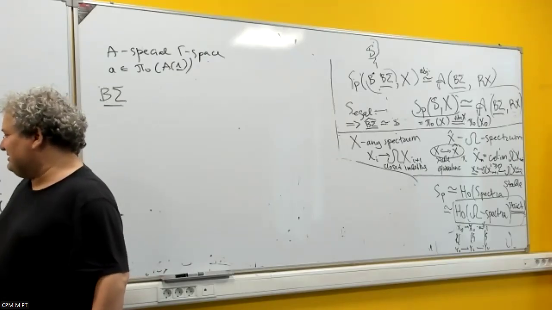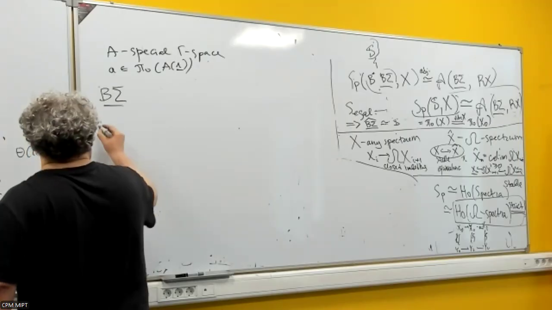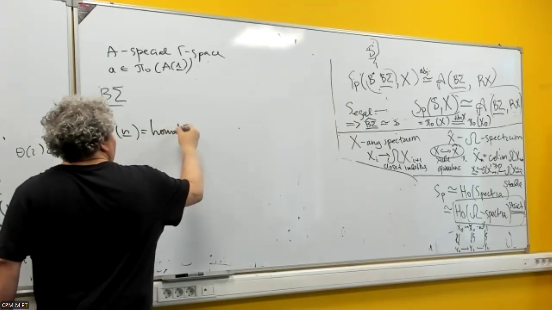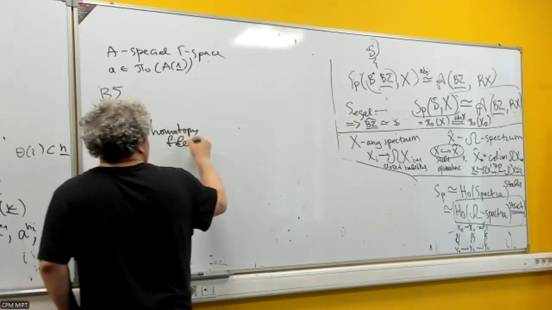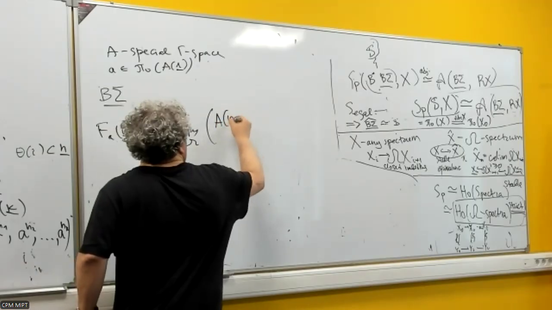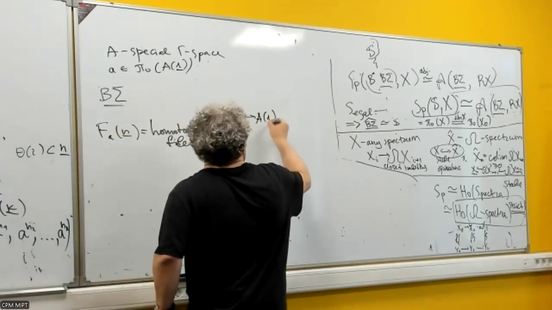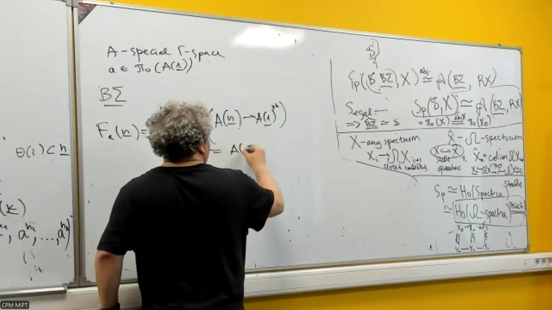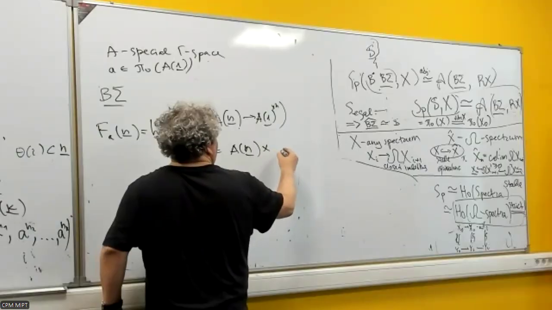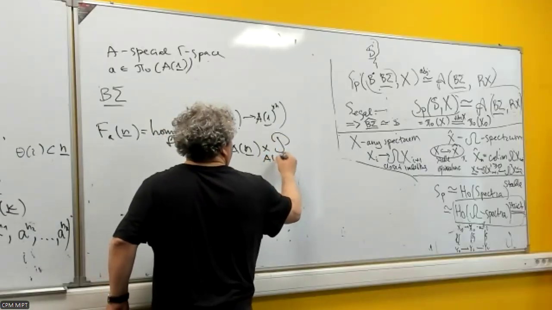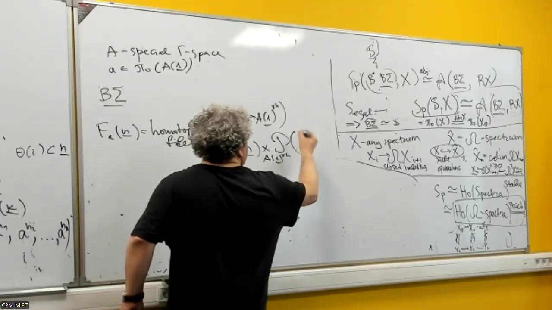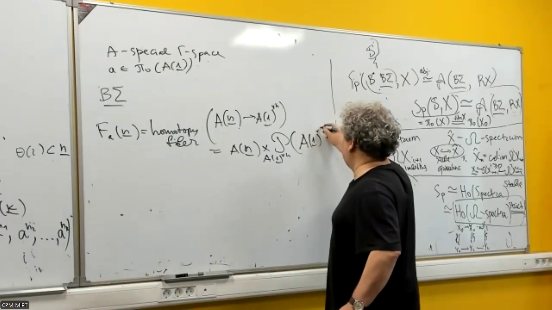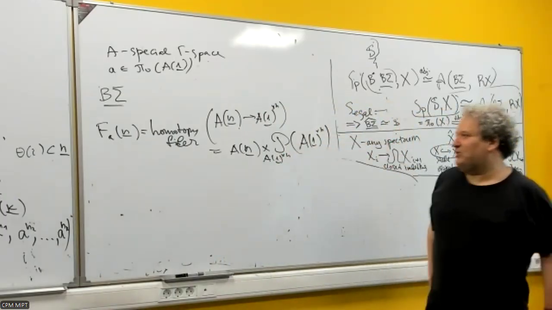So I would like to consider a homotopy fiber of that. Let F_a of n be the homotopy fiber of A n to A1 to the power n. I can recall that it's actually A n direct product over A1 to the power n with the path object of A1 to the power n. I hope this is known, right? That we can have this formula with the path object.